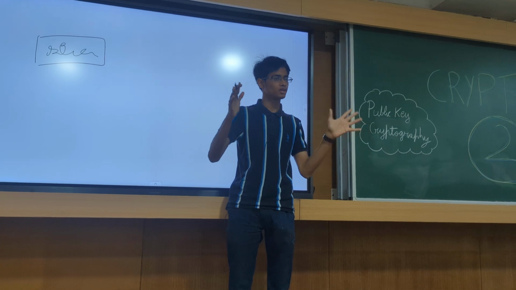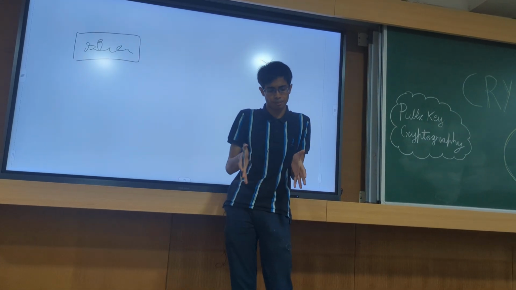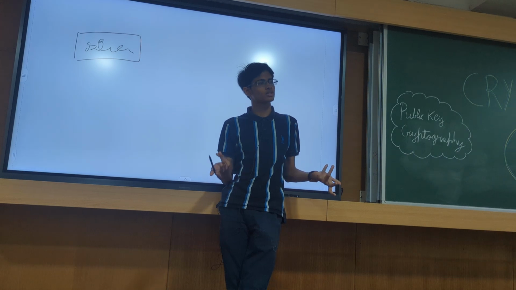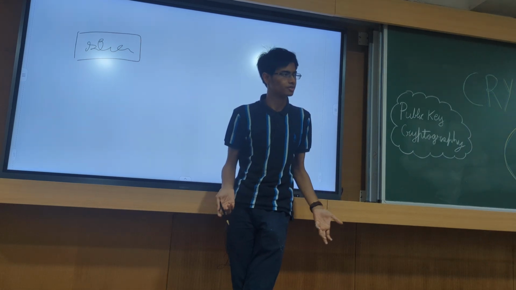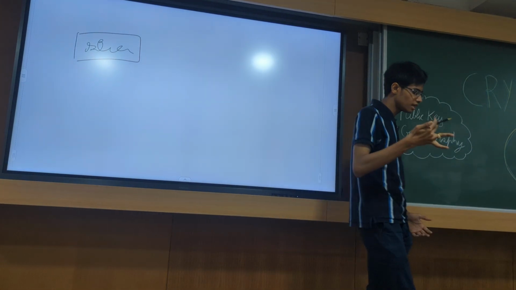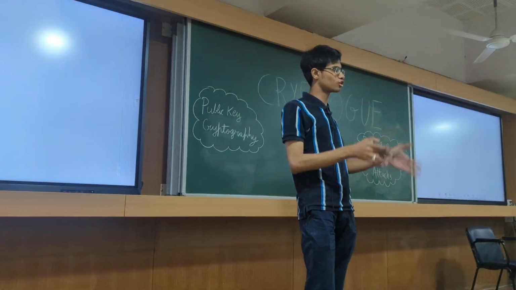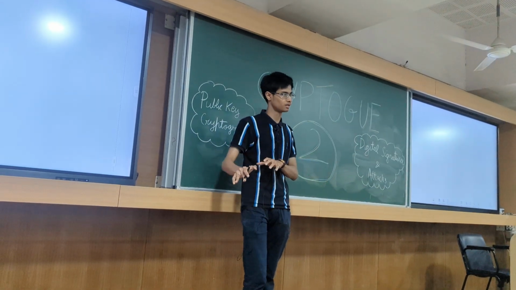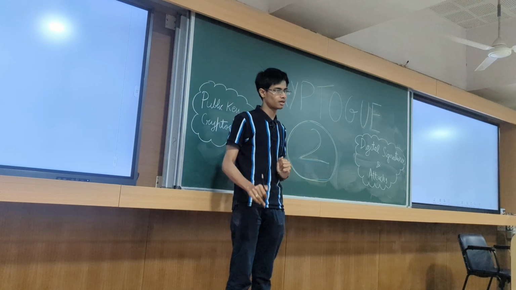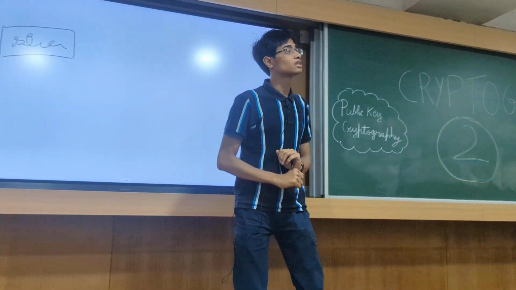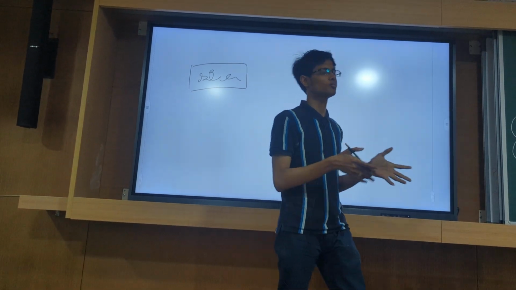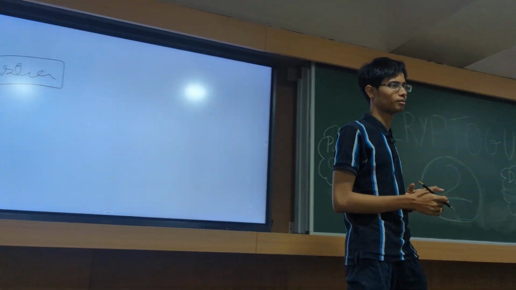So now you can say, okay, I'm going to have a fixed byte string, and that's going to be the signature. But that also does not work, because I can copy paste your byte string wherever. So in fact, your signature on a document needs to be a function both of your identity and of the document, right? And such that if I'm not you, I should not be able to quote unquote forge your signature on the document.